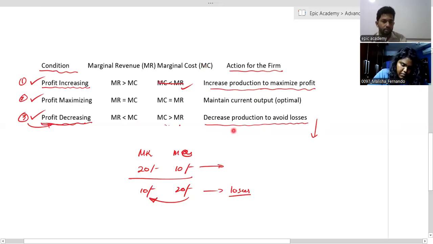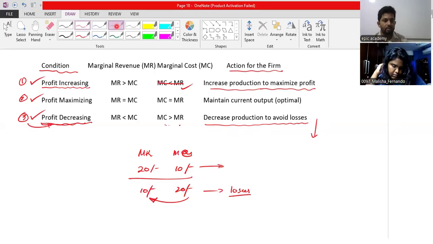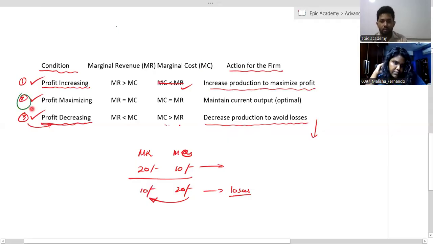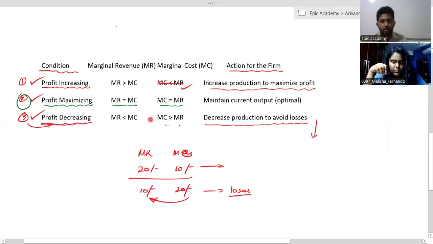And finally, the second condition, profit maximizing. That means you reach the maximum possible profit you can earn from this organization, where MR equals MC. What action can you take at that point?